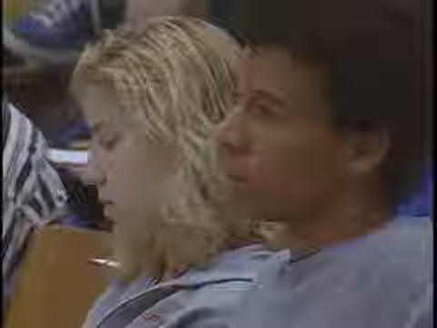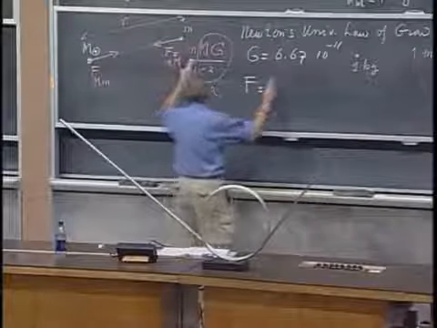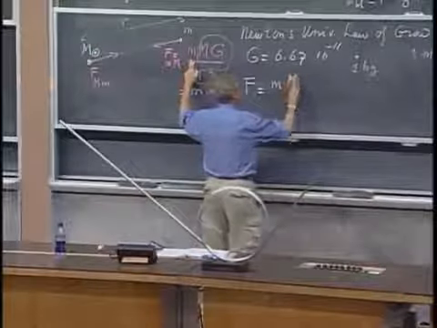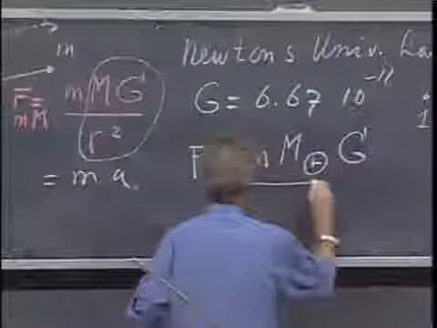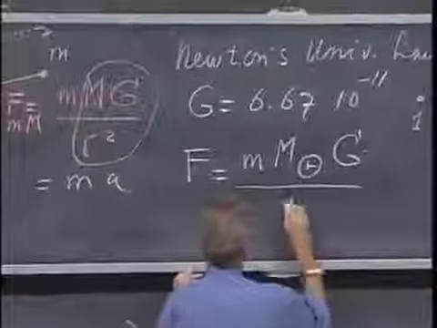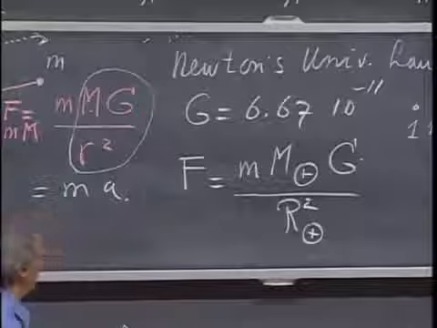If you are standing near the surface of the Earth, then of course the force that I will experience is my mass times the mass of the Earth times the gravitational constant divided by the radius of the Earth squared, just like we are here in 26.100.